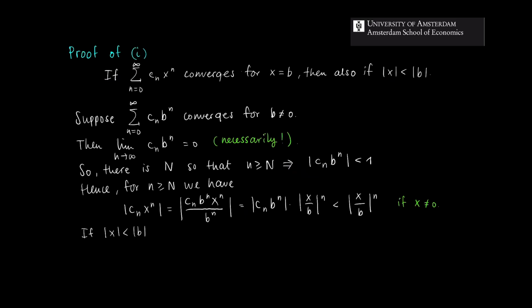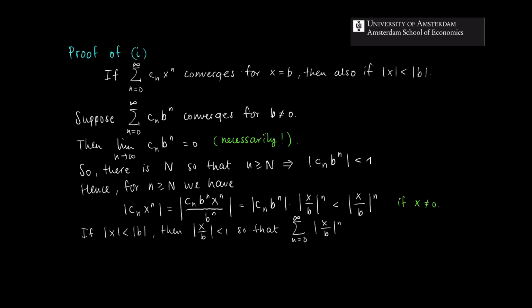Then in particular, we see that |x/b| is smaller than 1, right? So divide left and right by the absolute value of b, and we get |x/b| is smaller than 1, right?